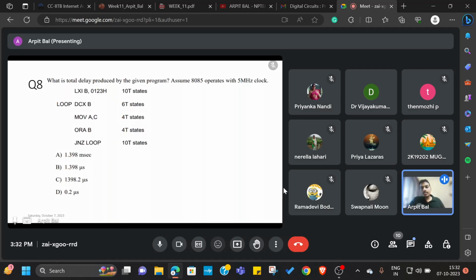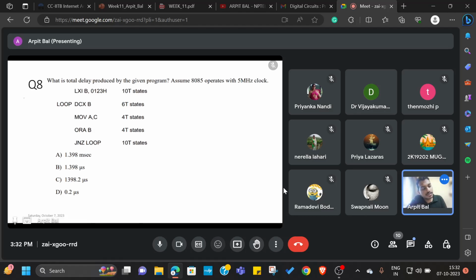Here we are given the delay produced by each instruction, and we have to figure out the total delay that is going to be produced by the given program. In this type of question, the first thing you should note is if there is a loop.